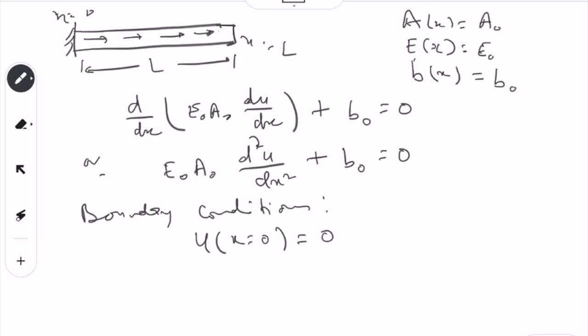If that is given, then we can simply integrate and find the solution.